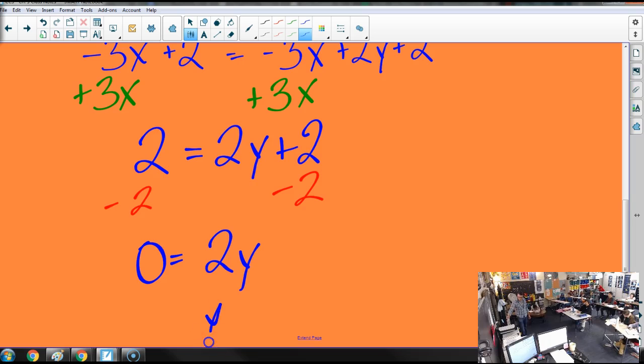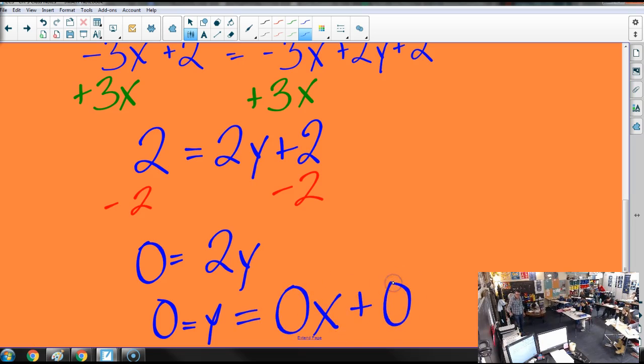So what's y? 0. This is not impossible, but everything disappears. So we don't have a y equals mx plus b form. Yes, we do. When you look at this and you're like, that's not what we're looking for, yes, we do. This is y equals 0x plus 0. There's no growth. It starts at 0 on an xy axis.